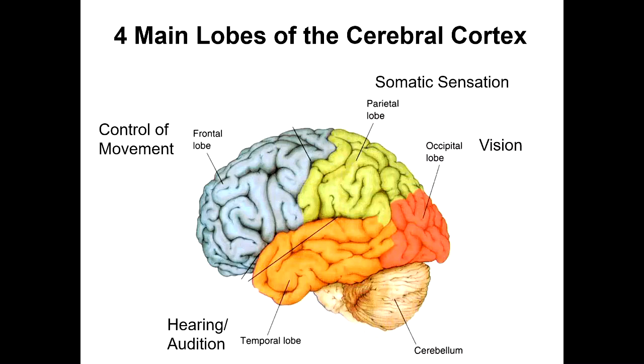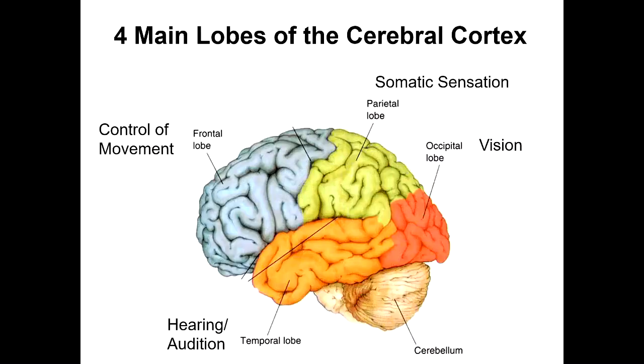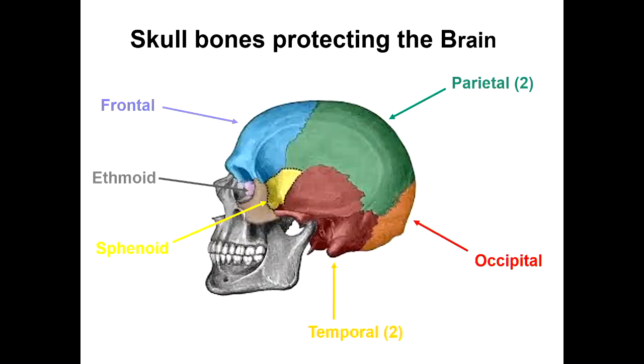And the bones of the skull that form the roundy part of the cranial vault have exactly the same names. They're called the frontal bone, the parietal bone, the temporal bone, and the occipital bone. And they pretty much directly overlie those 4 different lobes of the cerebral cortex. So those are 4 of the bones protecting your brain: frontal, parietal, temporal, and occipital.